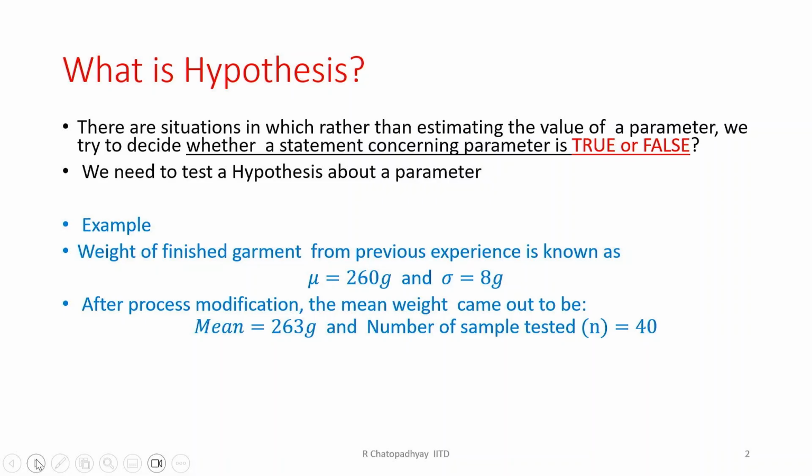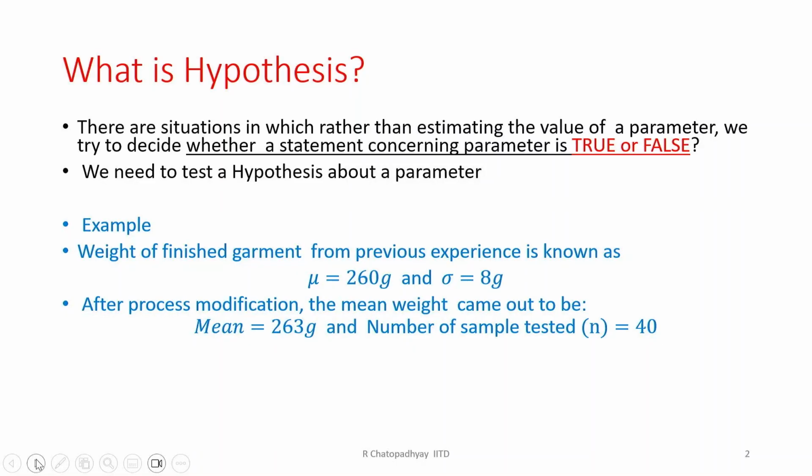Something is changed in the process, and then we measure again what is the mean value of the garment weight that we are producing now. So suppose we get a value which is 263 gram, and this is based on how many tests? 40 tests. That is, we select randomly 40 garments and measure their weight, and we find that the mean value is now 263 gram. So this is the mean value of the sample.